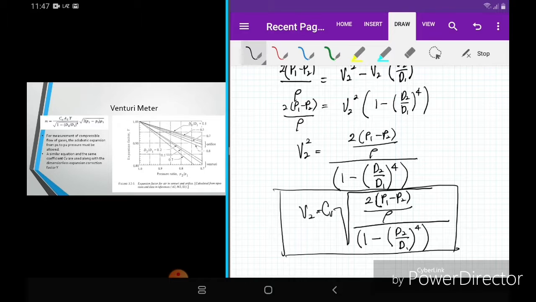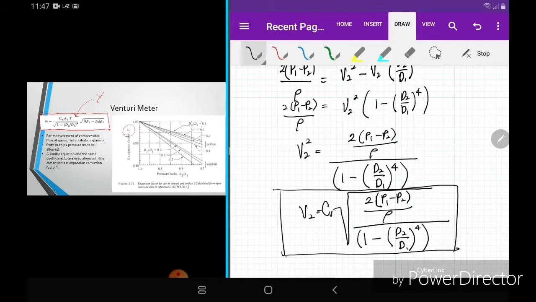Now, a similar equation and the same coefficient C sub V are used along with the dimensionless expansion correction factor Y. So, if compressible gases, you may use this equation, but you're gonna have to calculate for the value of your Y. So, yung Y dito makukuha.